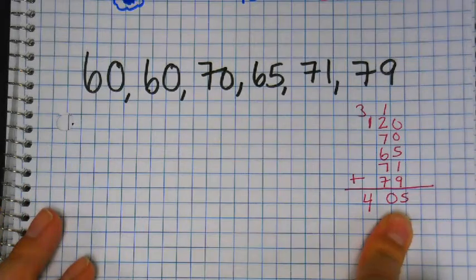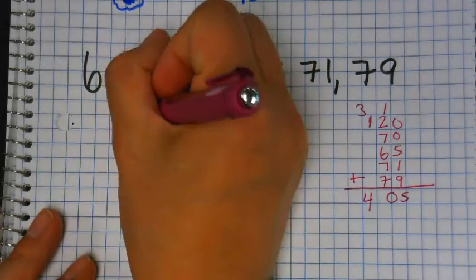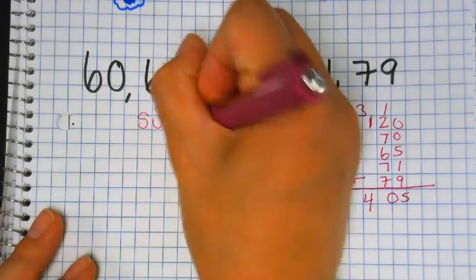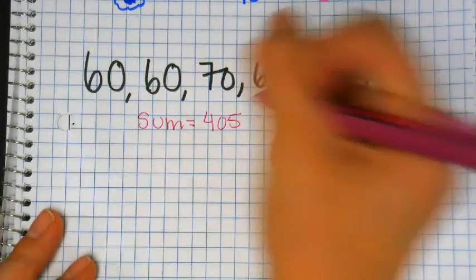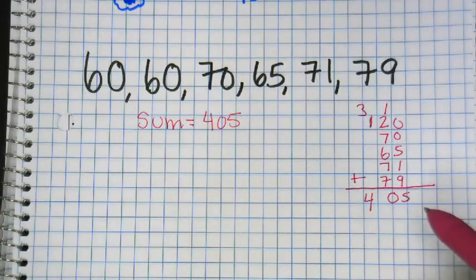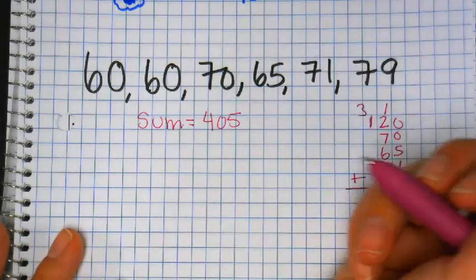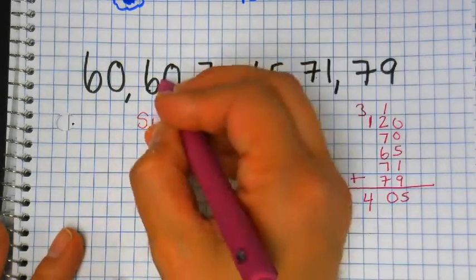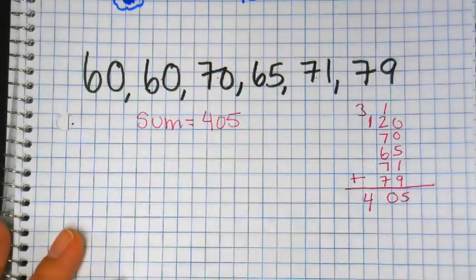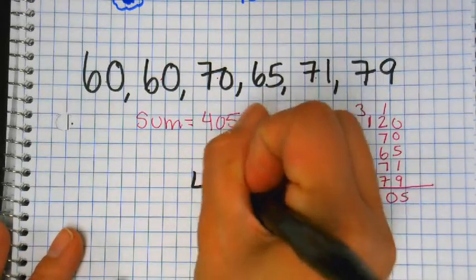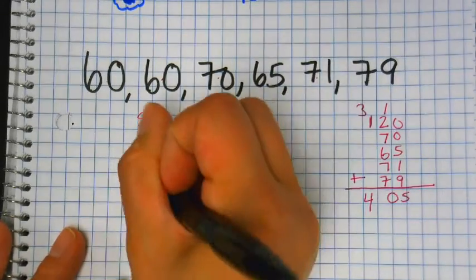Not your answer. The sum. Sum means the answer to an addition problem. Here's a really long addition problem, sum. So now we have to divide by 1, 2, 3, 4, 5, 6. So take 405 and divide it by 6.